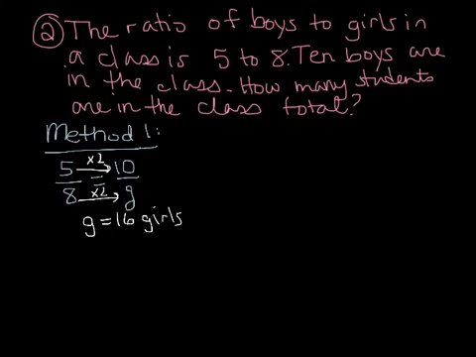Now, I said this problem was tricky, so that is not the answer. They didn't ask how many girls are in the class, they asked how many students are in the class total. So you add the girls, which are 16, plus the 10 boys that you already knew about. You get a total of 26 students.